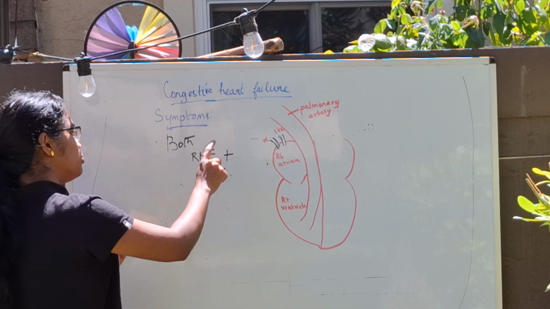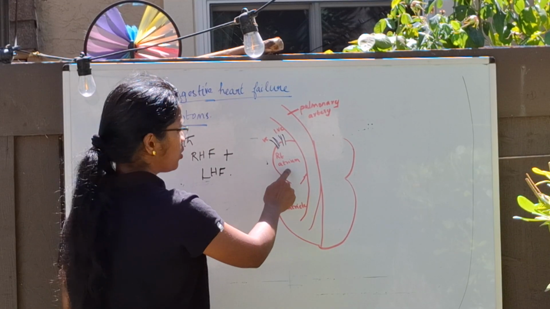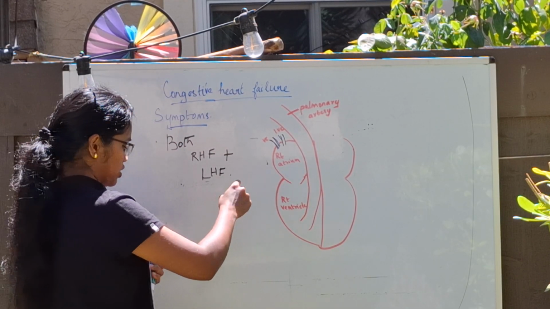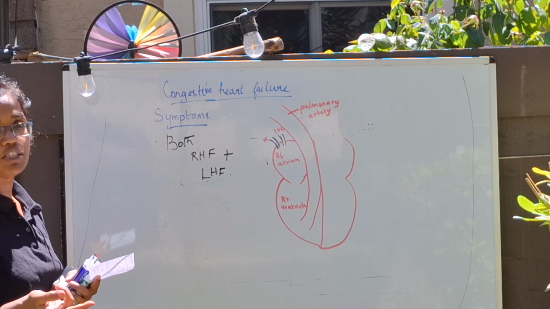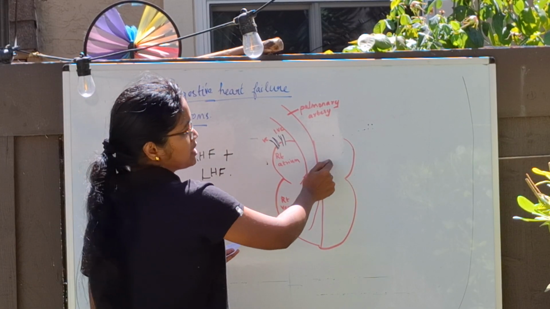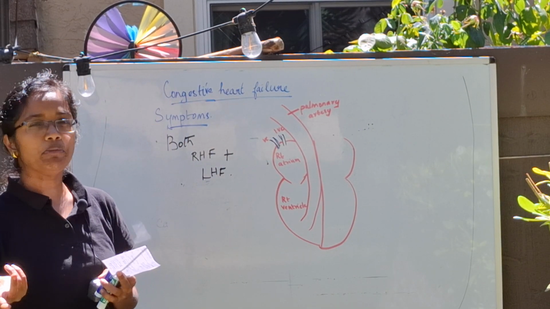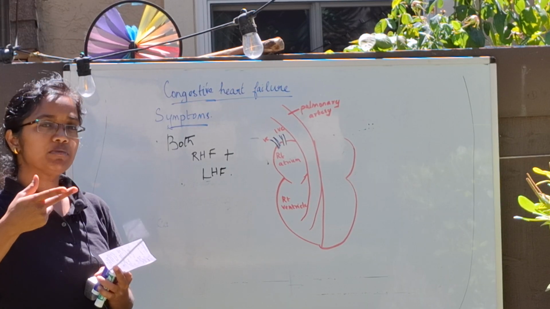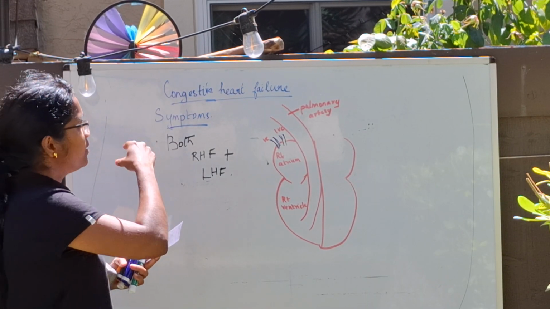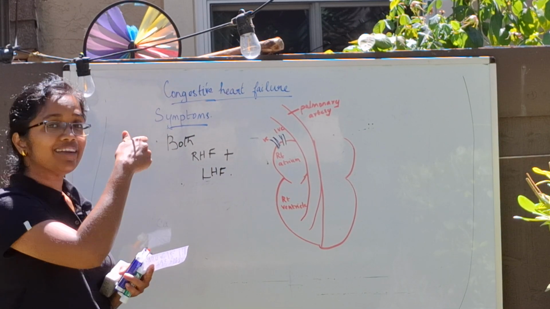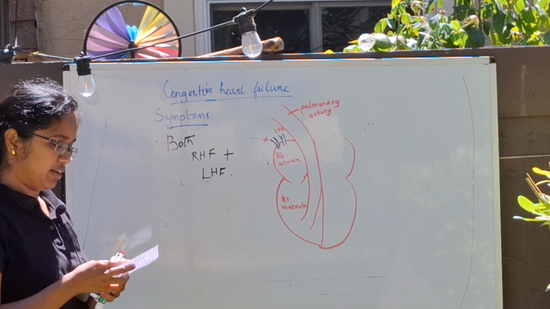They will be presenting with both sets of symptoms. We saw that the right heart failure symptoms are especially pedal edema and increased jugular venous pressure, while left heart failure presents with dyspnea and increased pulmonary capillary wedge pressure. When both these symptoms are given, we should be aware that they are hinting towards congestive heart failure.